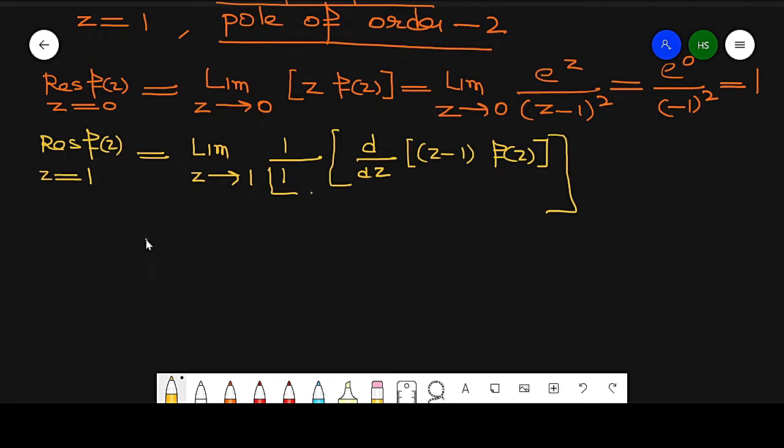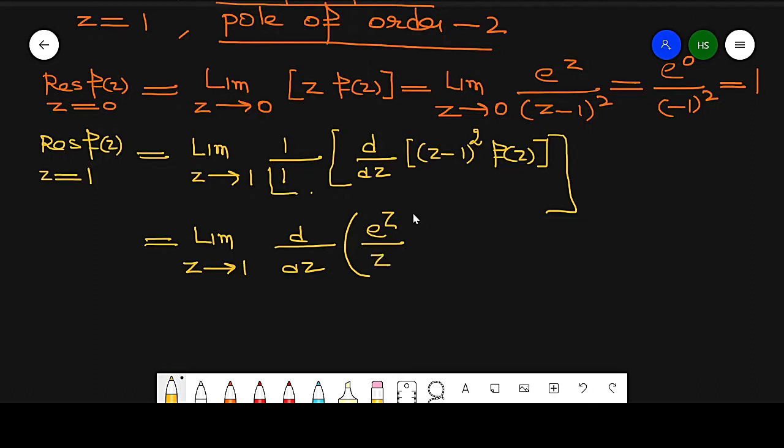So this is the limit z approaches 1 of the derivative of e raised to power z over z.